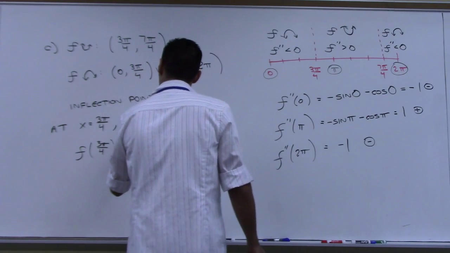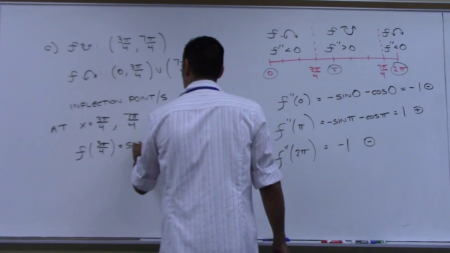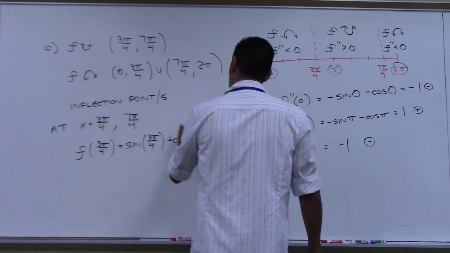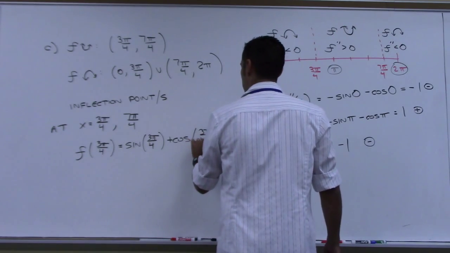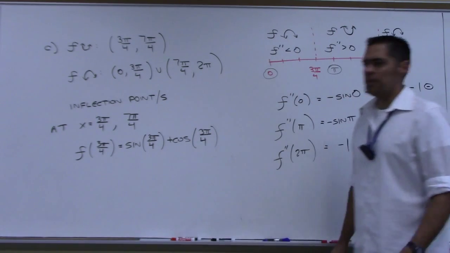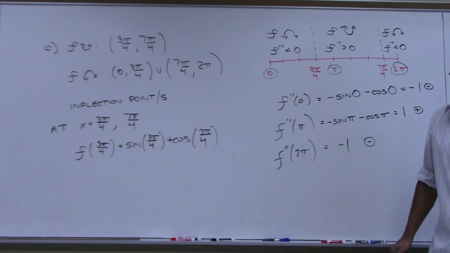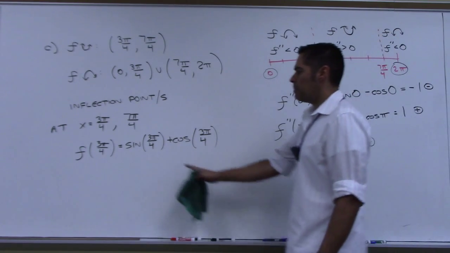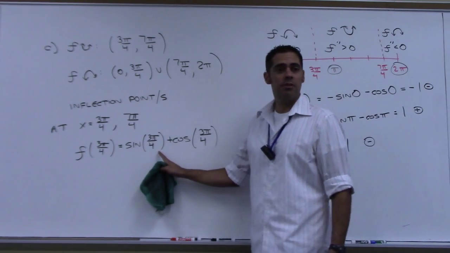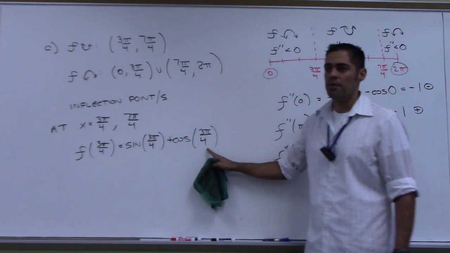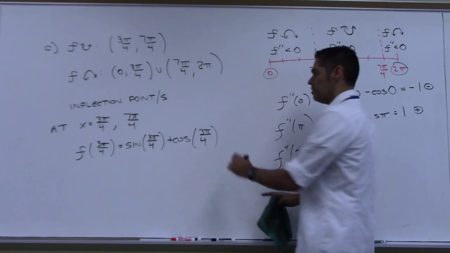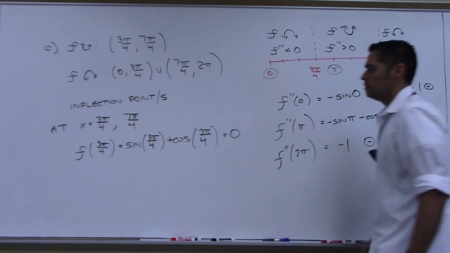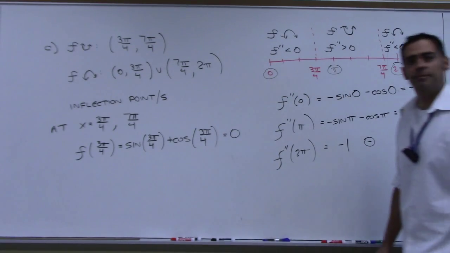So that's sine of 3 pi over 4 plus cosine of 3 pi over 4. Hey, wait a minute. It should be 0. Sine of 3 pi over 4 is root 2 over 2. Cosine of 3 pi over 4 is negative root 2 over 2. And so these become 0. And the other one is 0 also.